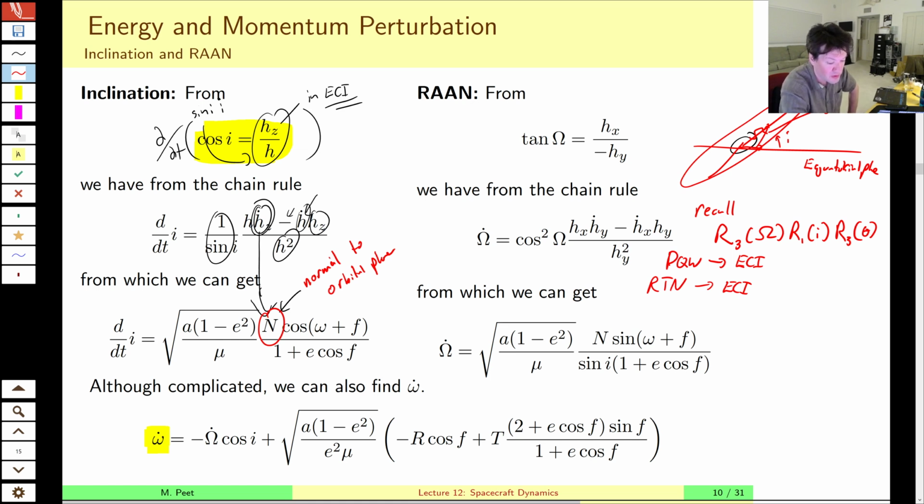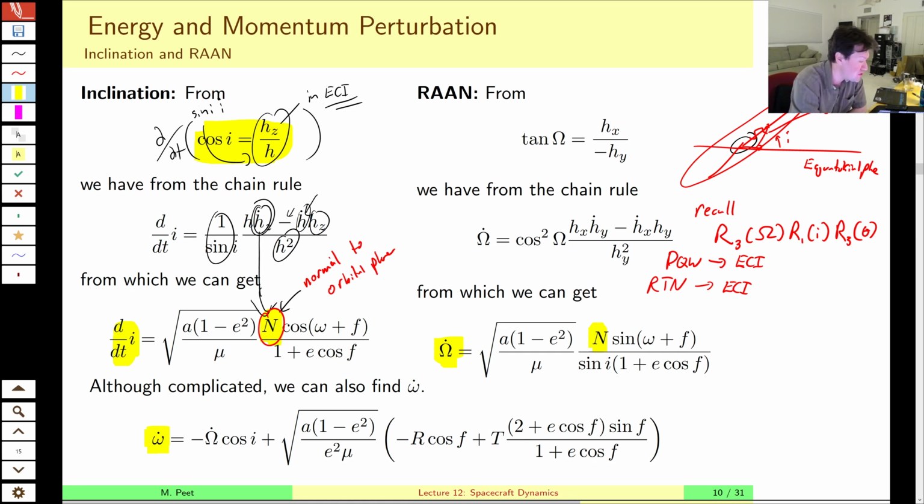So that's the n component. And that's true for both right ascension and inclination. The only component that matters is the part normal to the orbital plane. So again, you plug it in. I'm not going to go through the details.